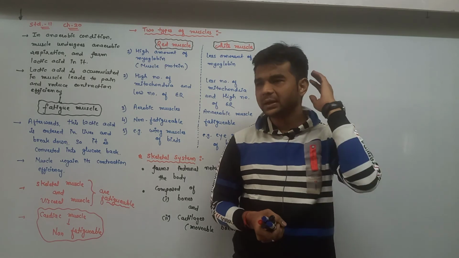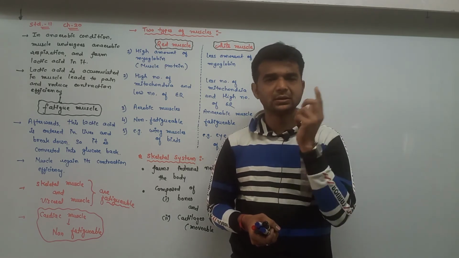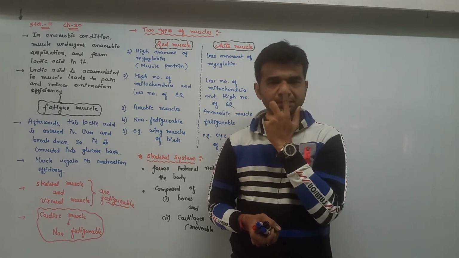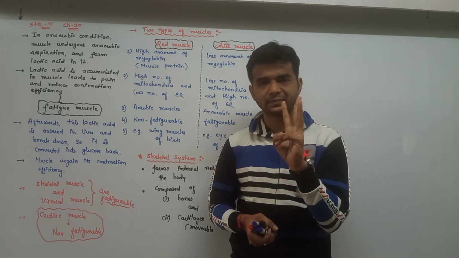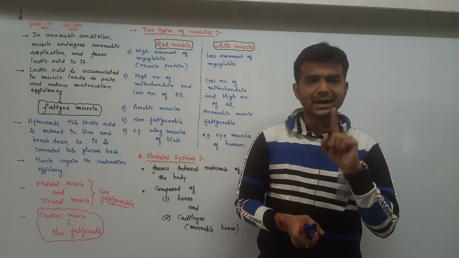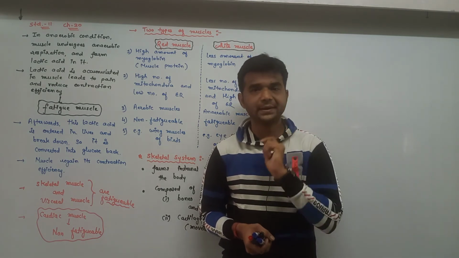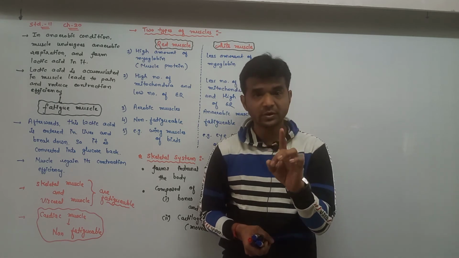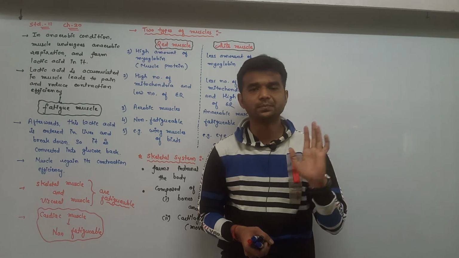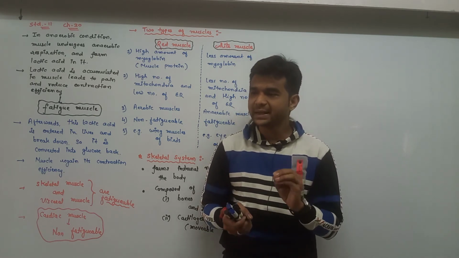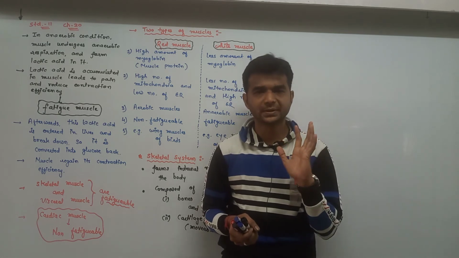For example, the ear pinna, the external ear, the tip of the nose and the glottis: these three things are cartilages. At the time of birth, in a newborn baby, all the bones are cartilaginous in form, so we say that a newborn baby has all papery bones.